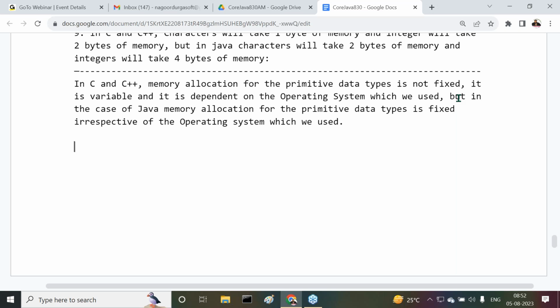We can use any type of operating system, that doesn't matter. Any operating system we can use, but memory allocation for the data in Java is fixed.